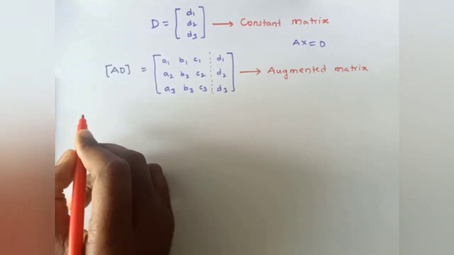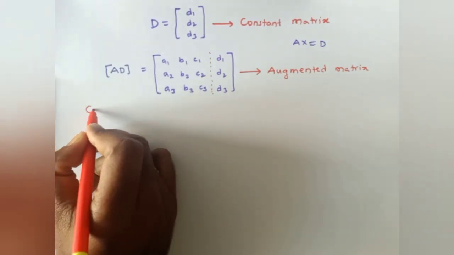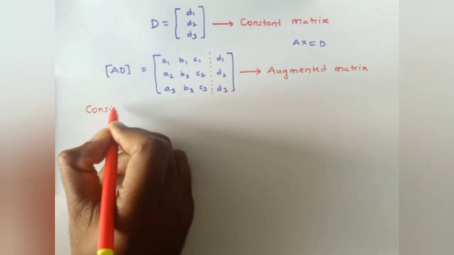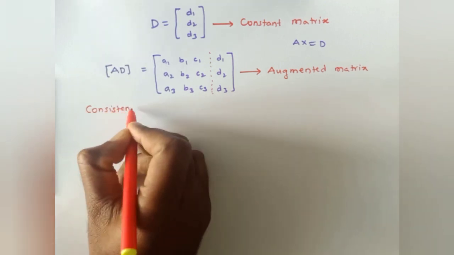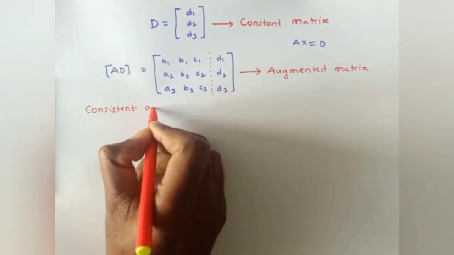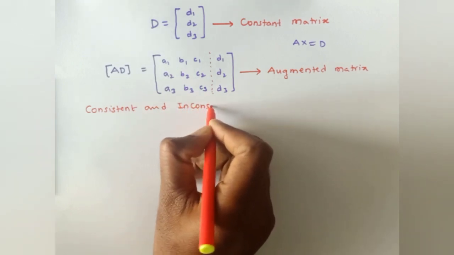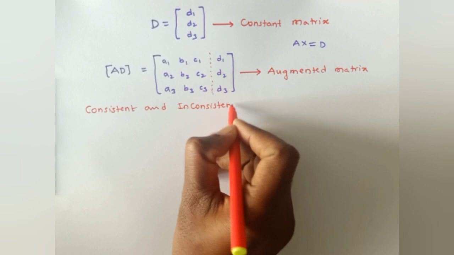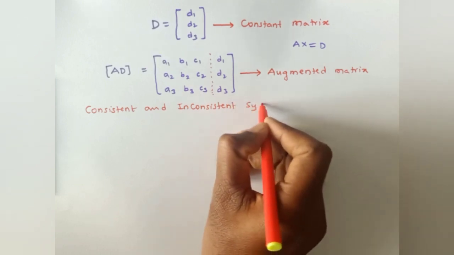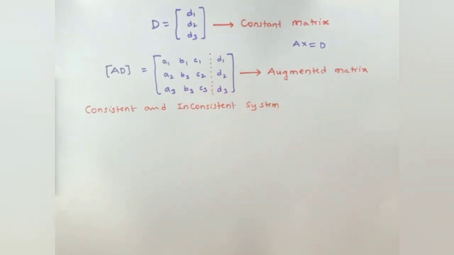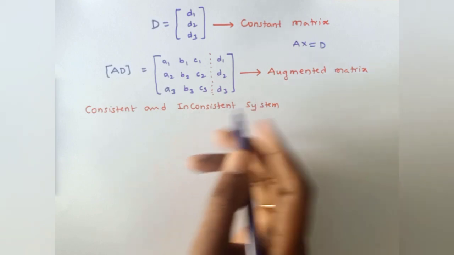Now let's see what is a consistent system and an inconsistent system. We have the system of non-homogeneous simultaneous equations in the previous slide.